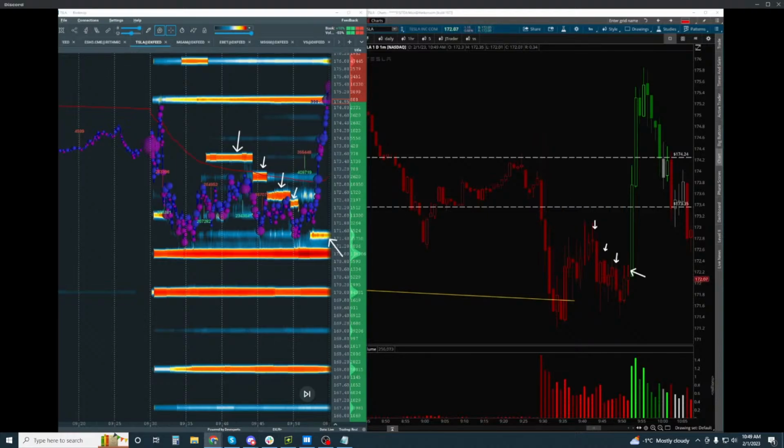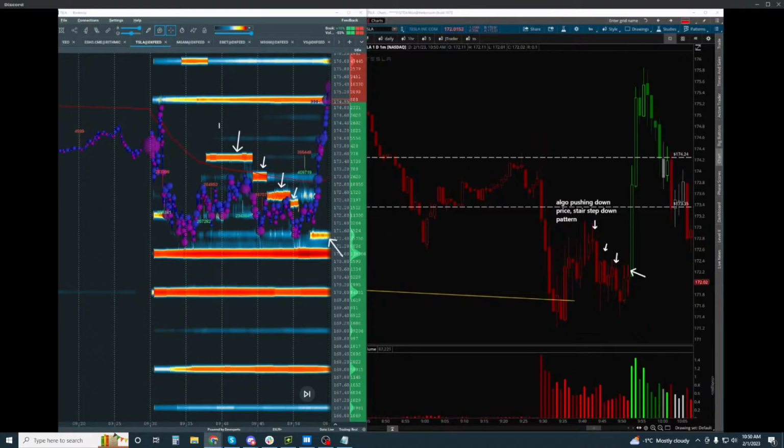Let's see if I can take off only this. No. I'm going to put it back. Algo pushing down price. Stair-step down pattern. Right here we can see on Bookmap.